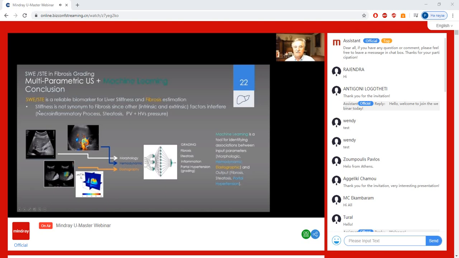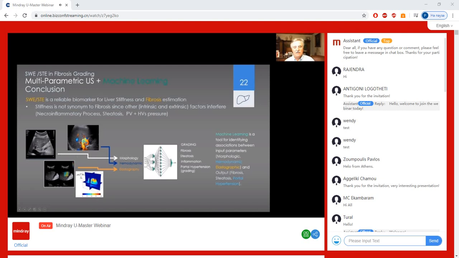Since stiffness is not synonymous to fibrosis, there are other intrinsic and extrinsic factors interfering, and those are necroinflammatory process and steatosis as intrinsic factors, and portal vein and hepatic vein pressure as extrinsic factors.